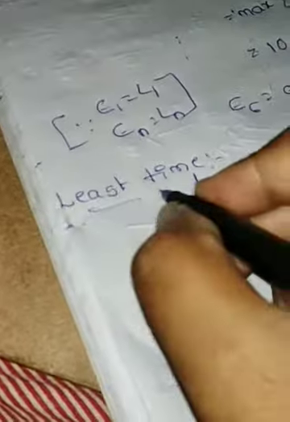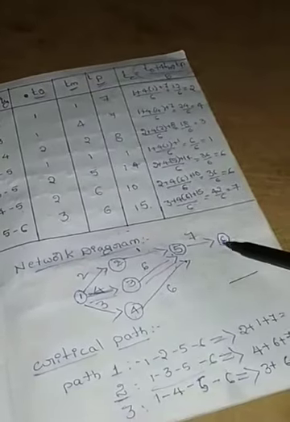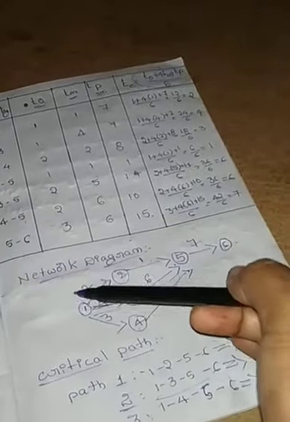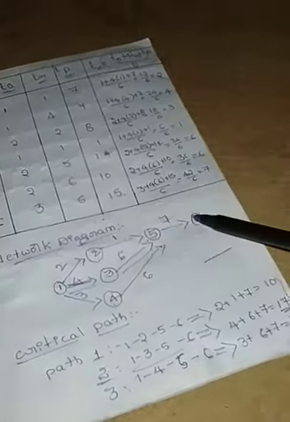Okay, the least time L6. Next, this is the backward direction. Earliest values we take in the forward direction, and least values in the backward direction: forward 1 to 6 and backward 6 to 1. Next we calculate L5.